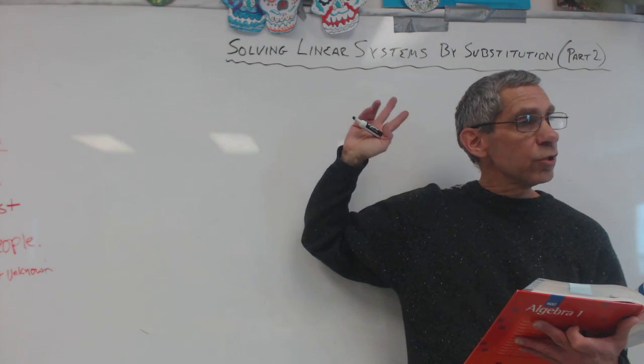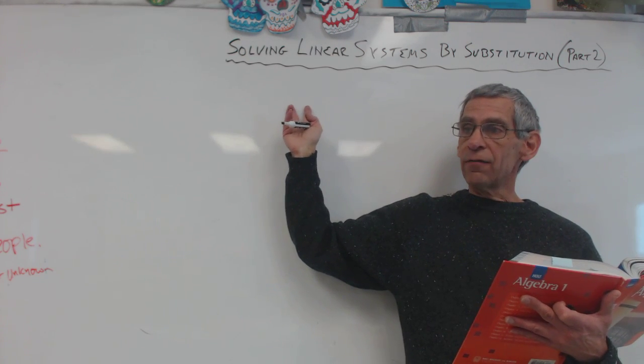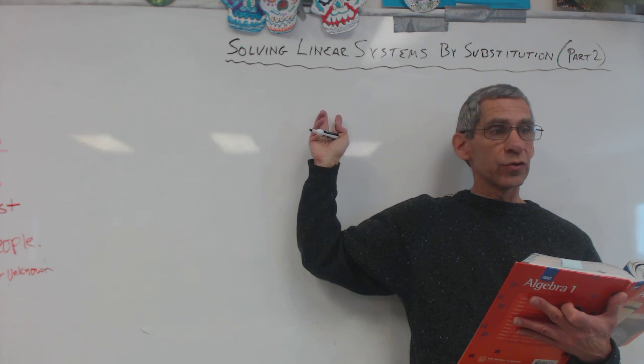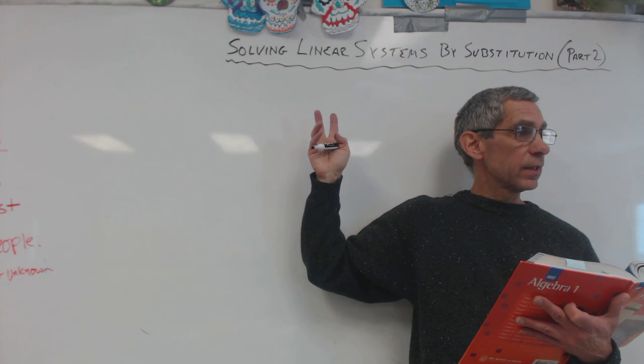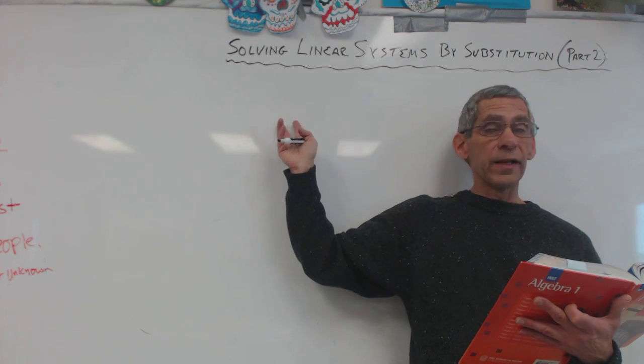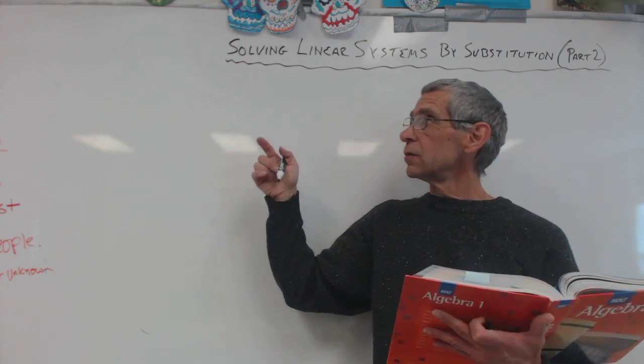For substitution, you have to have one of them say y equals or x equals. They don't both have to say that, but one of them does. They can both say y equals, and then you get to choose which one to circle.